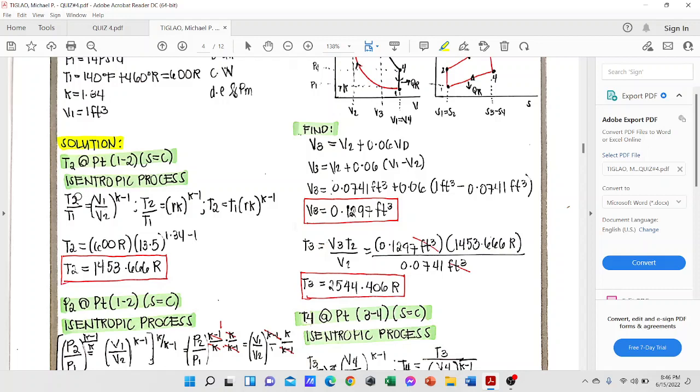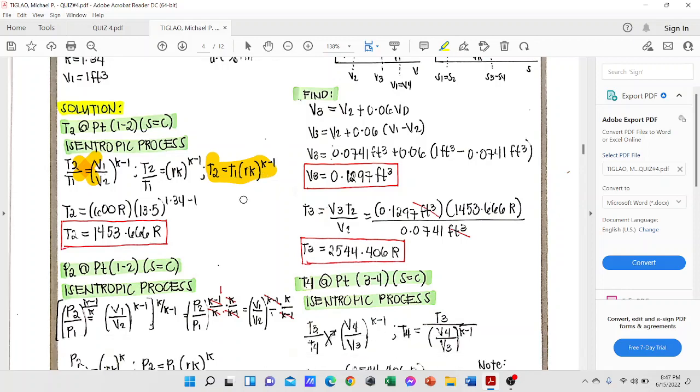Then I cross-multiply. We know that V1 over V2 is equal to rk, so T2 over T1 is equal to rk raised to k minus 1.